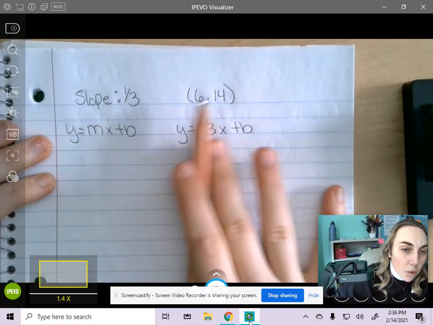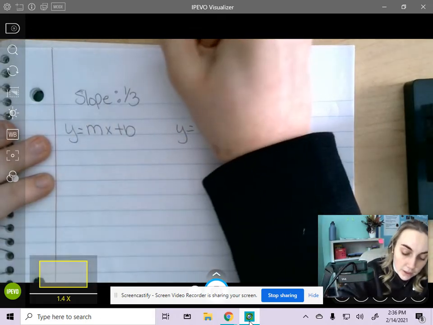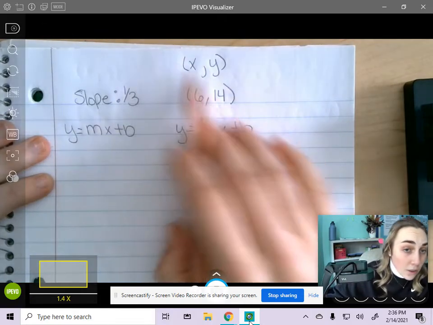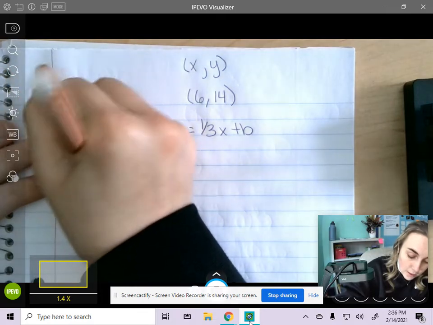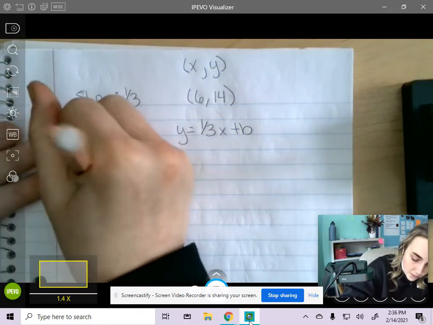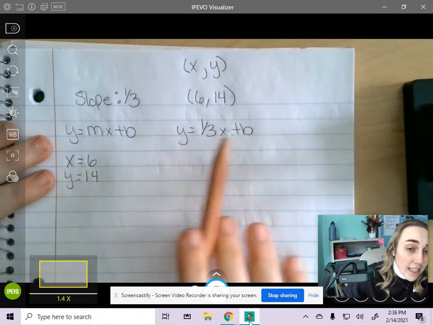Here's our next step. We have an ordered pair. Remember, when you have an ordered pair, your first number is always an x, and your second number is always a y. So 6 is your x, and 14 is your y. Now you can substitute these into the equation.